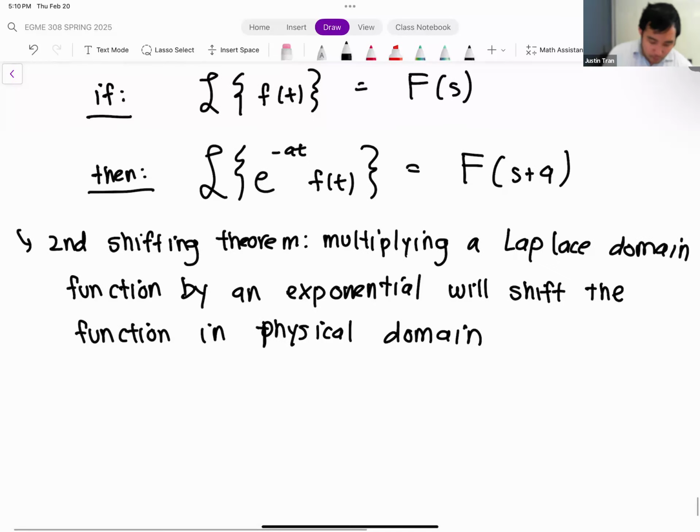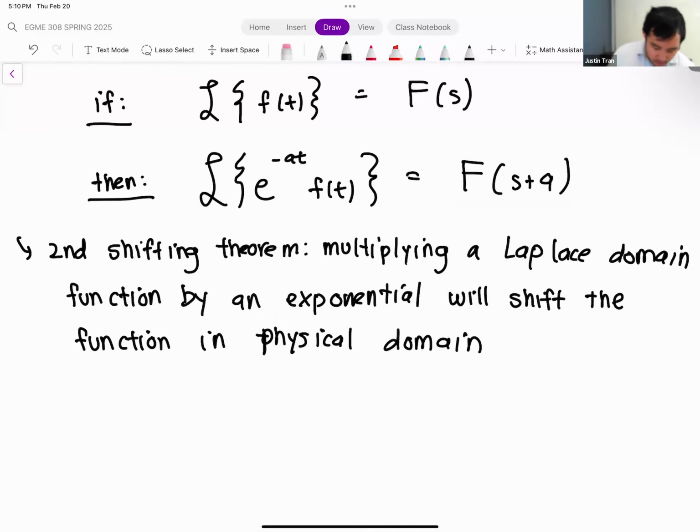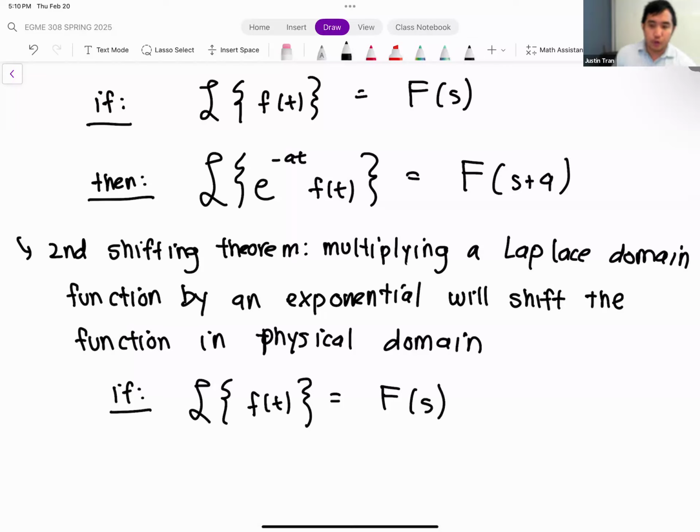Okay. So the mathematical form, or the succinct form, of the second shifting theorem is the following. It starts the same way as the first shifting theorem. So if we know a function f of t and we know its Laplace transform F of s, so let's say the Laplace transform of f of t is equal to F of s, in other words, we have a connection between a certain function in the time domain and a function in the Laplace domain.